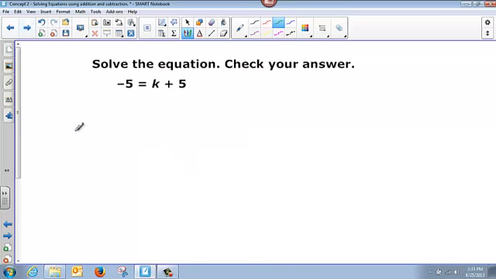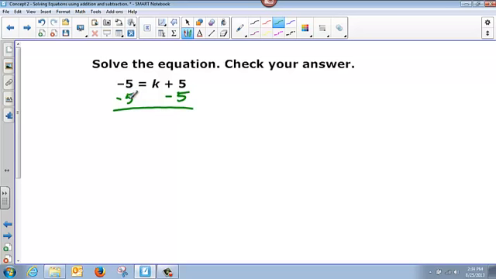And now we're going to solve an equation in which something's being added to the variable. And as we spoke of earlier, the inverse operation of addition is subtraction. So we're going to just subtract that from both sides. So now I have negative 5 and negative 5 here.